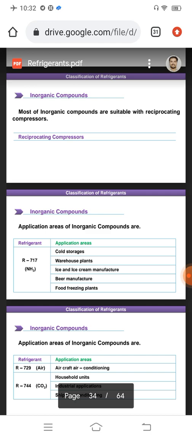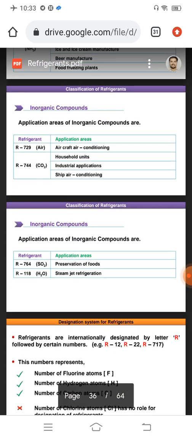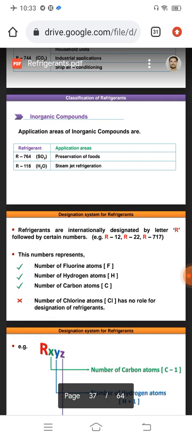Secondary refrigerants are the medium that does not go through the cyclic process in a refrigeration system and is used only as a medium for heat transfer. The primary refrigerants are further classified as halocarbon compounds, azeotropes, hydrocarbon compounds, and inorganic compounds. So this is the classification of the refrigerants.